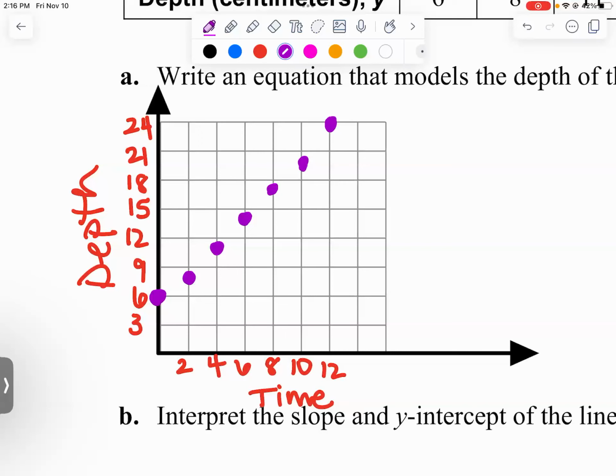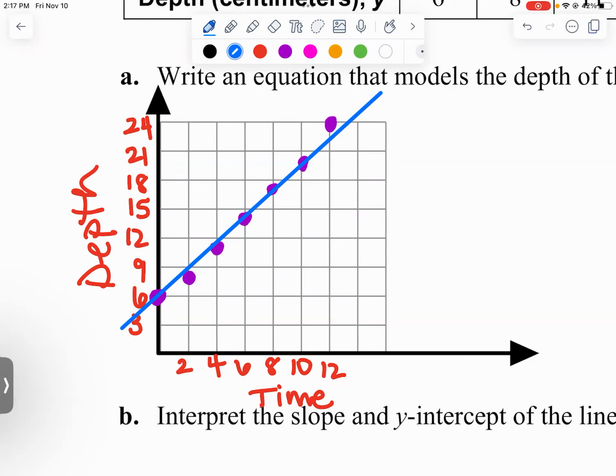Okay, so let's just pretend that we draw a line kind of through these points. Let's talk about our slope. So we have a positive correlation. If we draw a line that fits our data, we have a positive slope.